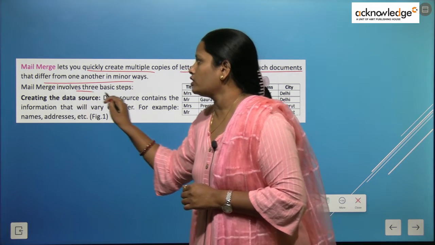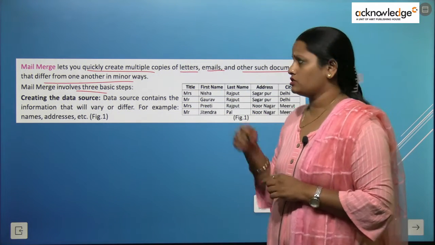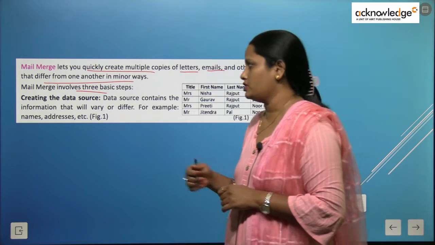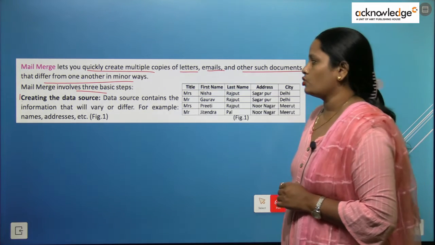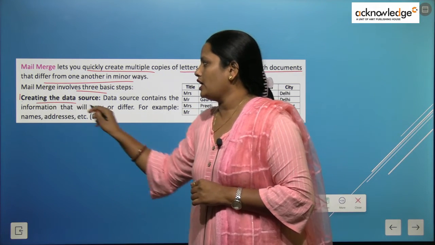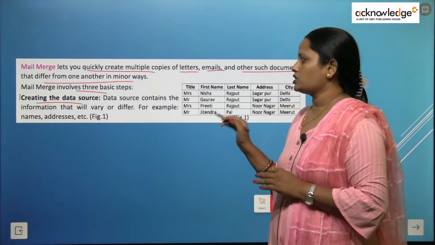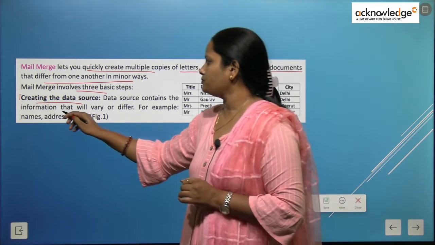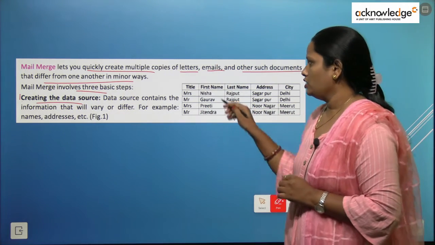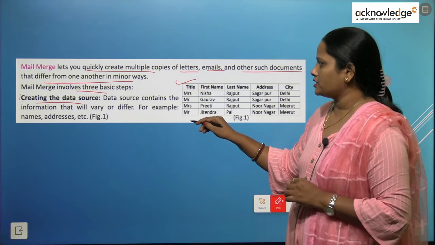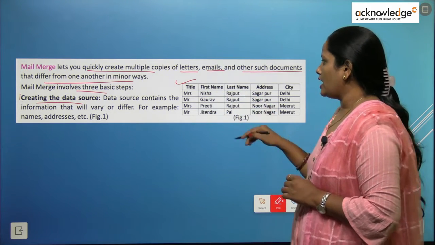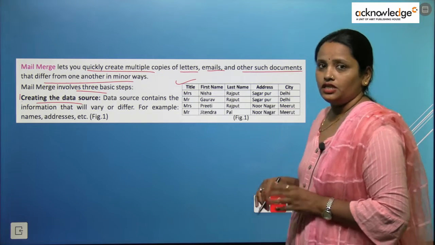So there are a total of 3 basic steps involved in mail merge. The first step is creating the data source. So first we have to create the data source. The data source contains the information that will vary. So here is an example of a data source. Here we can see the titles given: first name, last name, their address and the city to be sent to.